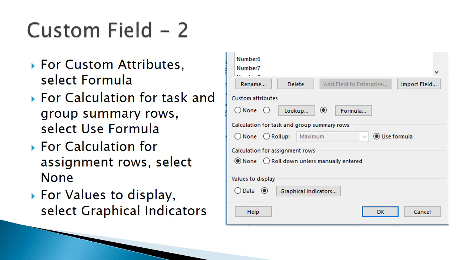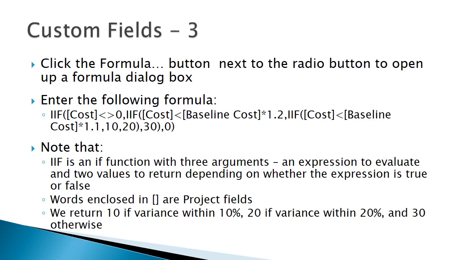Use the selections on this slide for the radio buttons that appear below the list of fields. You are going to create a formula to decide which graphical indicator to display. Type the formula on this slide in the Formula dialog box to return a 10 if variance is within 10%, 20 if variance is within 20%, and 30 unless cost is 0, in which case 0 is returned.